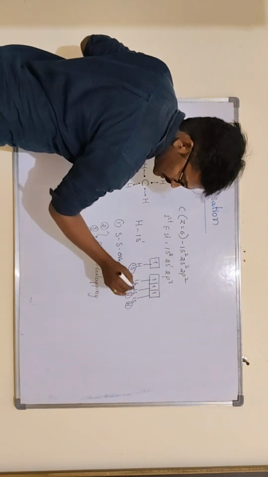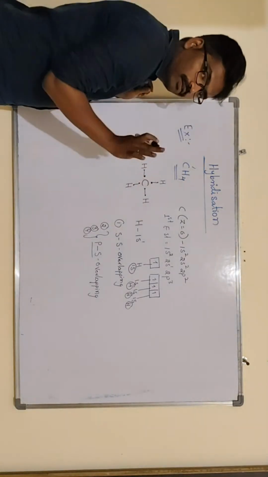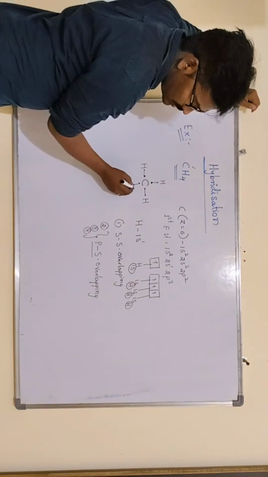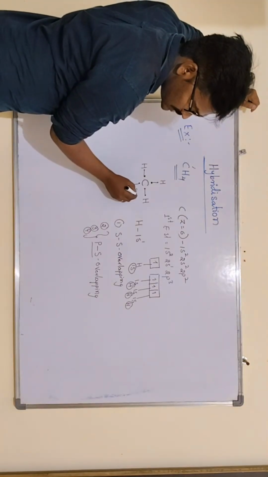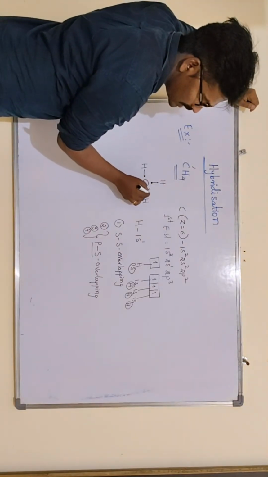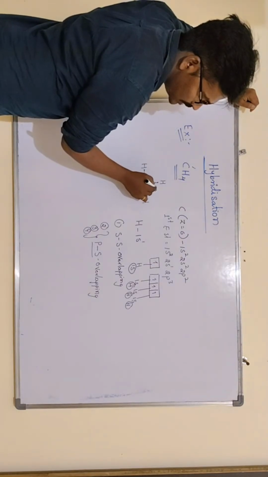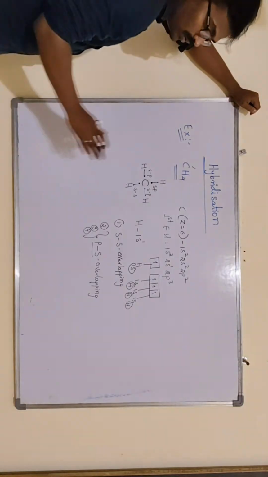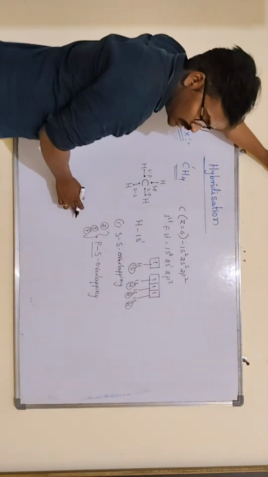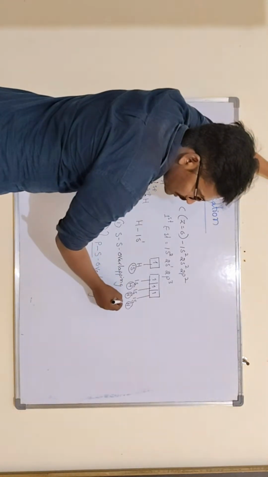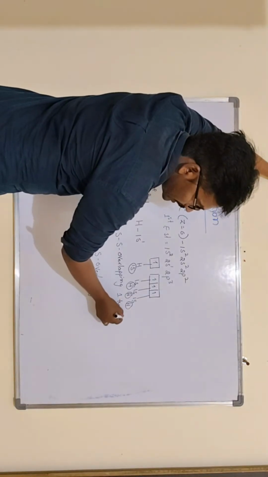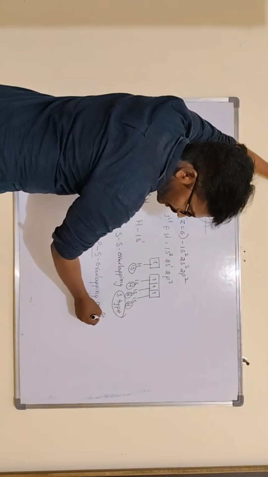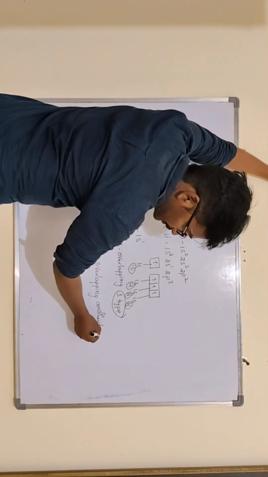So why are we discussing this? If you observe the bonds, one is ss, and the remaining 3 are sp overlapping. So this is one type, and the other is a different type.